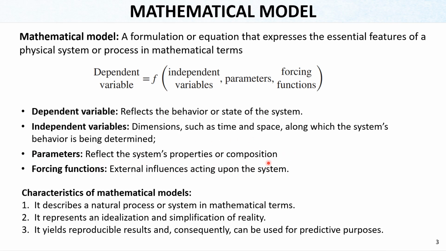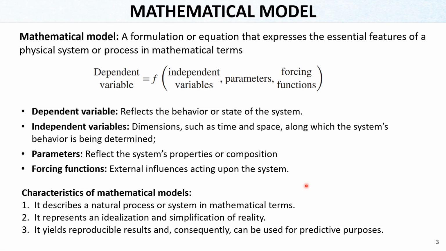And these are separate from the independent variables, and they can be some constants. Variables can change, but the parameters can be constants which don't change. Also the forcing functions are the external influences acting upon the system, such as a force which applies to the system, for instance.